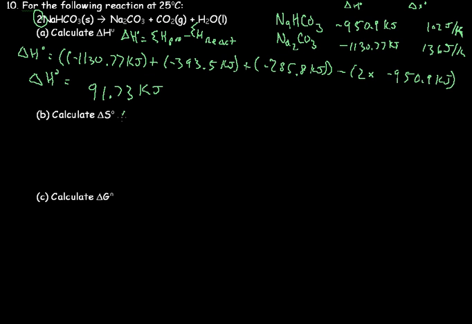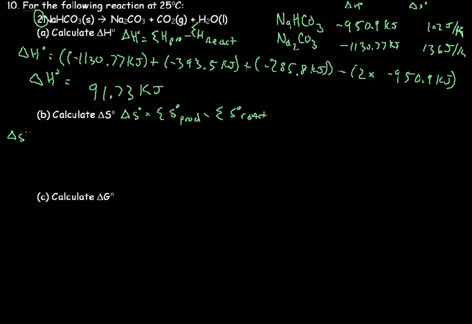Doing the same thing for our delta S. Delta S is the sum of the S's of our products minus the sum of the S's of our reactants. If we plug in those numbers, we're going to end up with 136 joules per Kelvin plus 213 joules per Kelvin plus 69.9 joules per Kelvin.